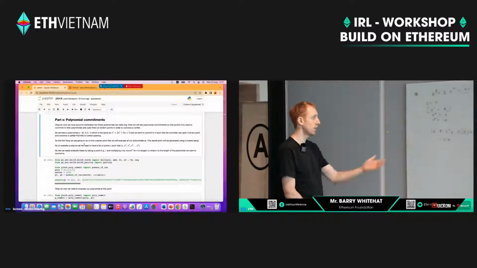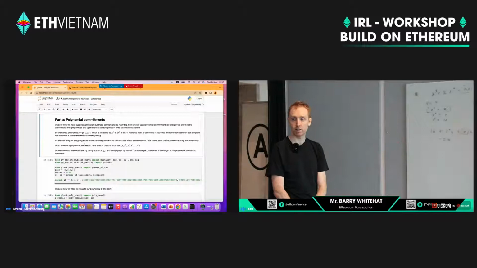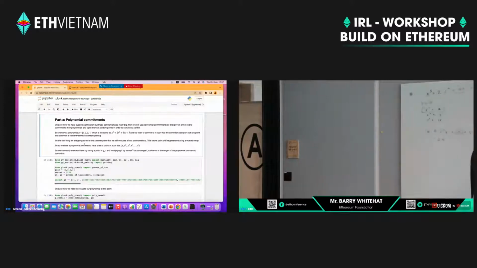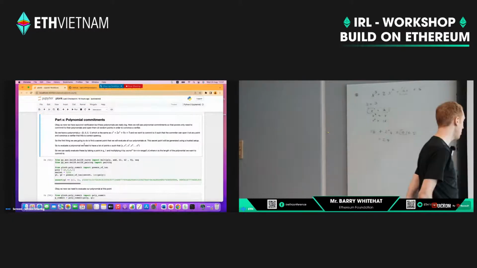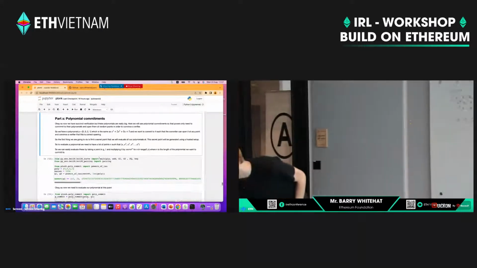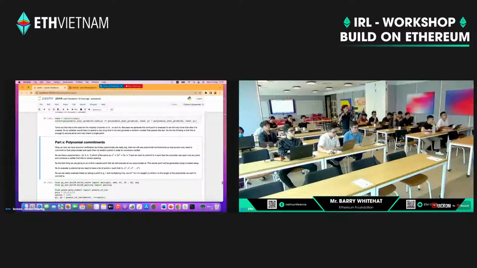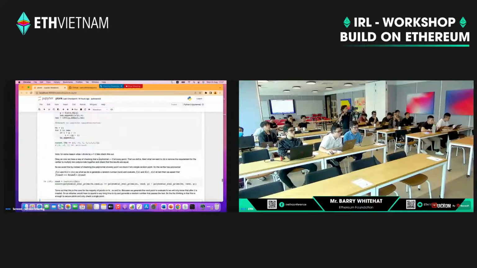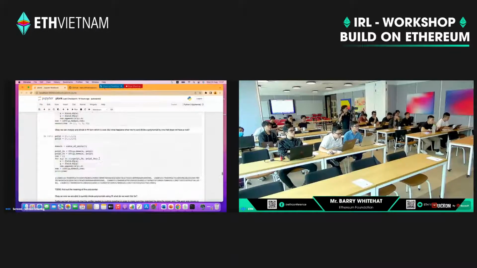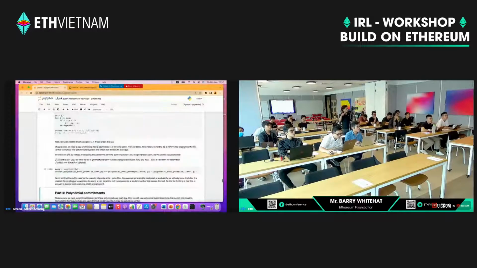So let's have a look at this code here and see what it's doing. Where is the powers of tau function defined?